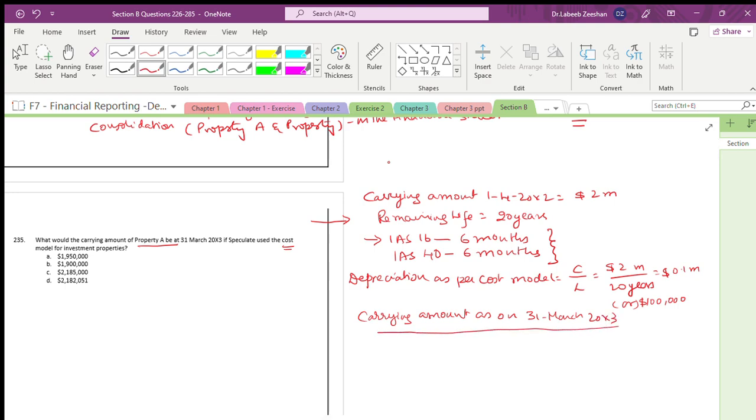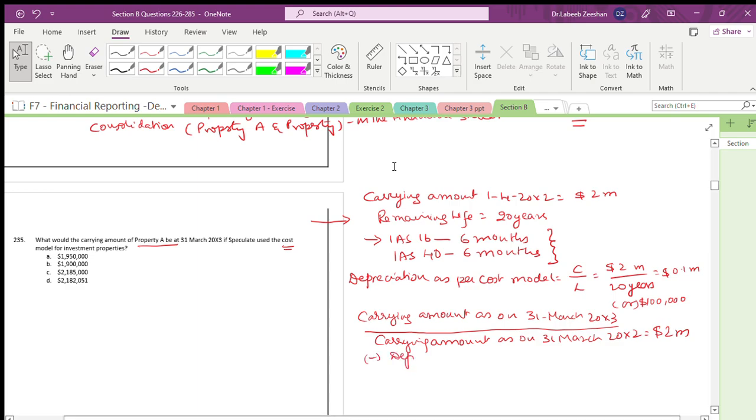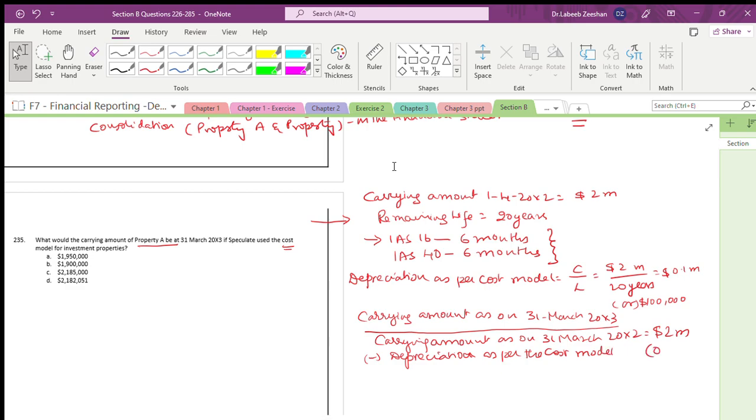Carrying amount as on 31st March 2002 is 2 million, less depreciation as per the cost model, 0.1 million. It comes to 1.9. Is it right?